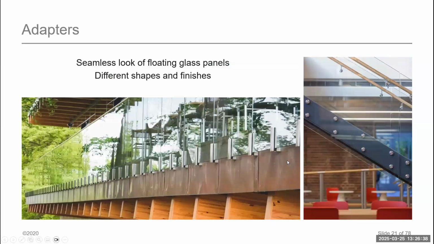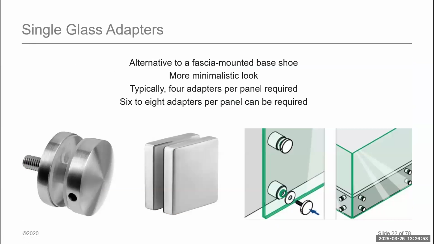Then the last of the system types that we have is adapters or standoffs. Okay, so base shoes have a variety of mounting ways. Base clamps are always top mounted, and adapters and standoffs are always fascia mounted. We can see adapters in a variety of types and shapes. We can see them circular, we can see them square.